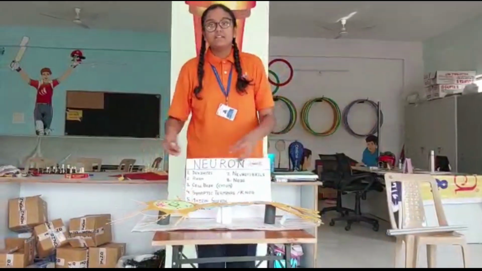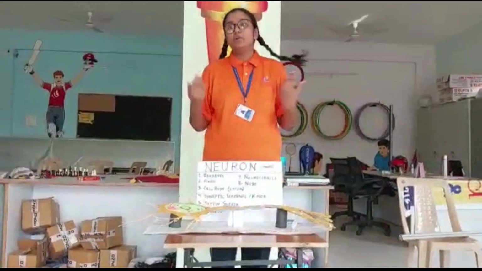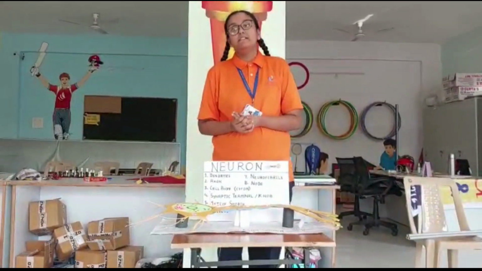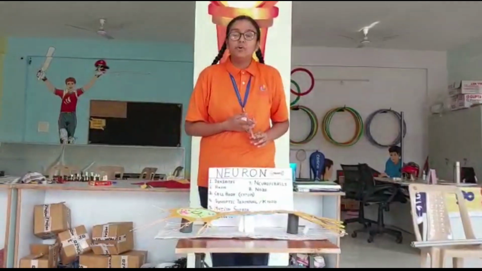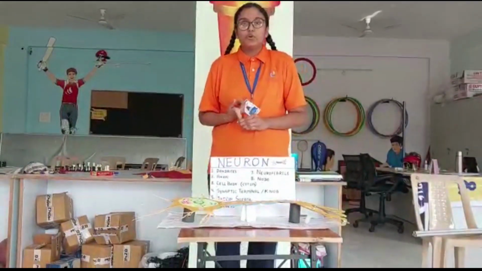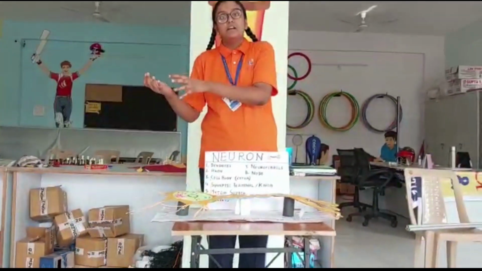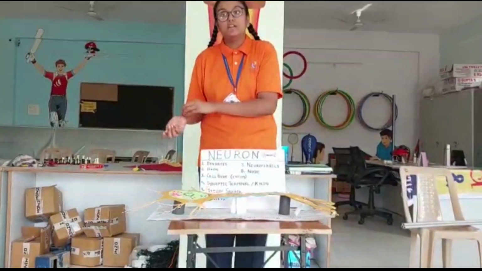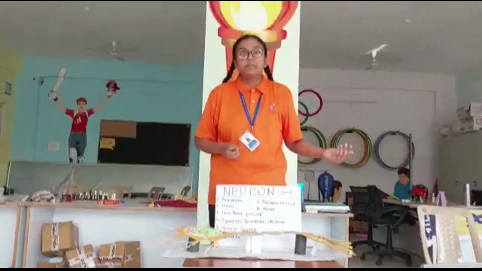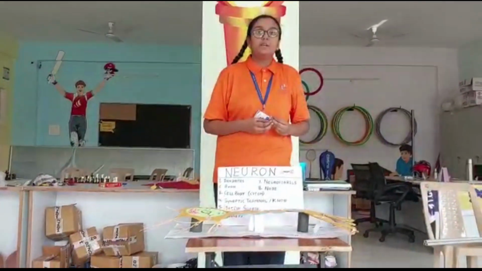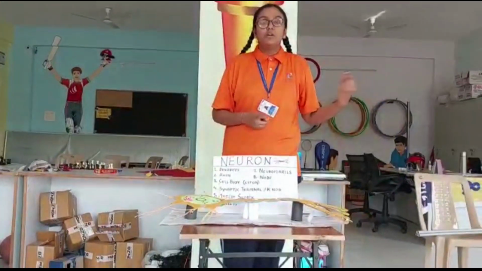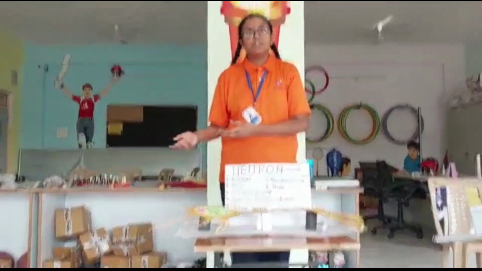Now you might be thinking, what is the function of it? As I told you, the transfer of messages, but on that basis we have mainly two types: sensory neurons and motor neurons. The sensory neurons carry information from the receptor organs or sensory organs to the central nervous system, whereas the motor neurons carry information from the spinal cord to the effector organs or the muscles.